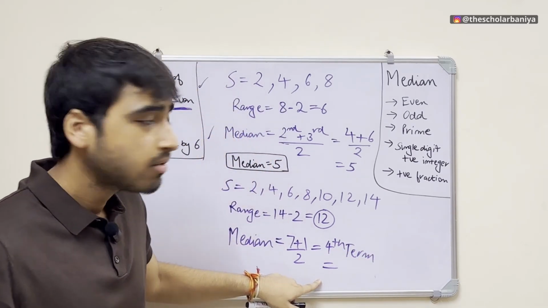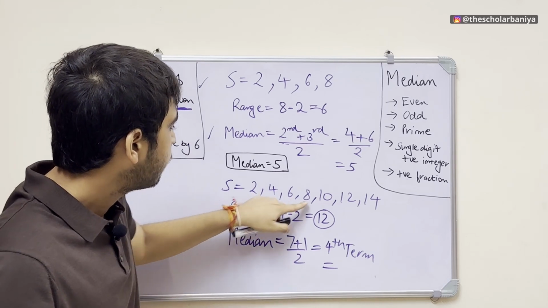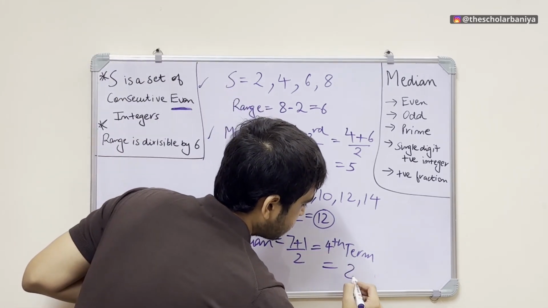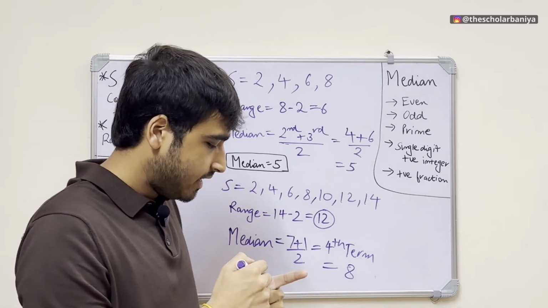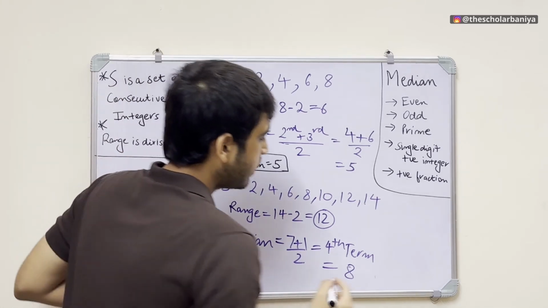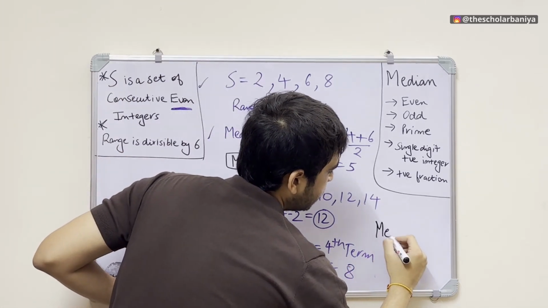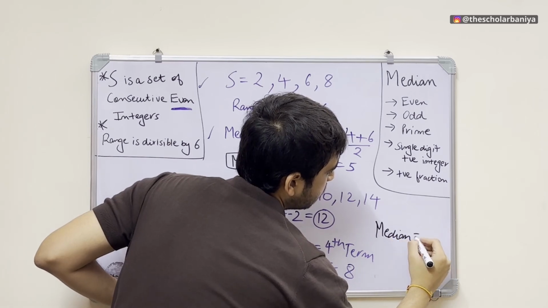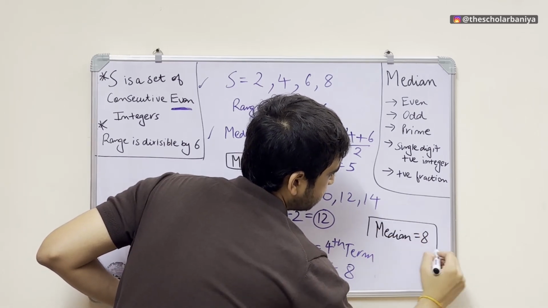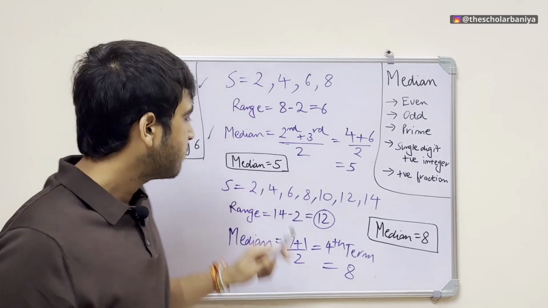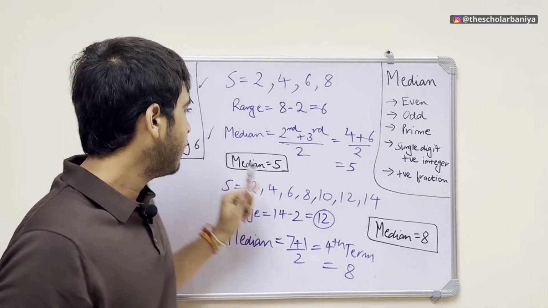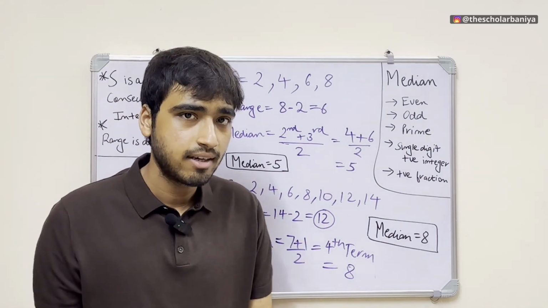The fourth term is 8. So in this case, the median turns out to be 8. In one case we found the median to be 5, and in another case we found it to be 8.